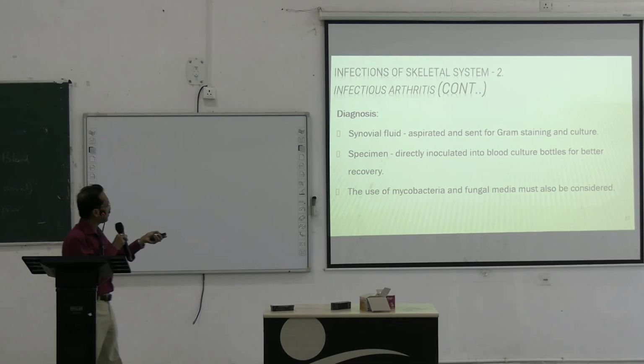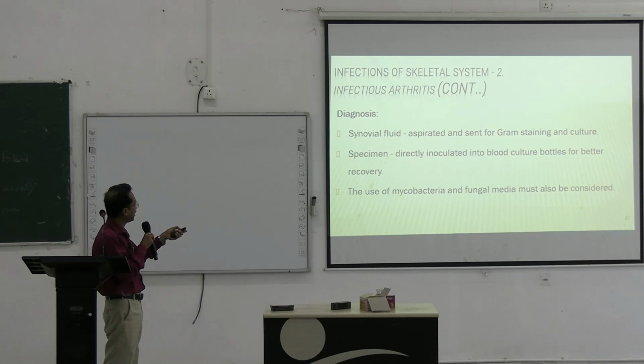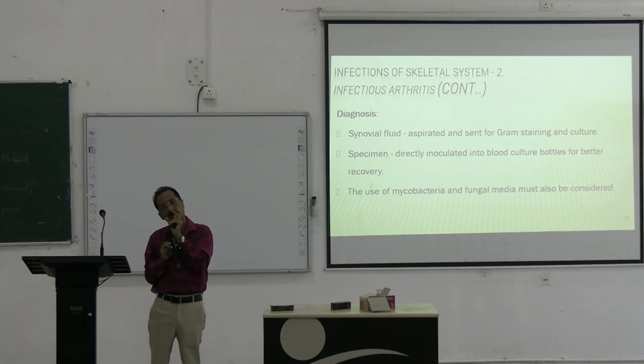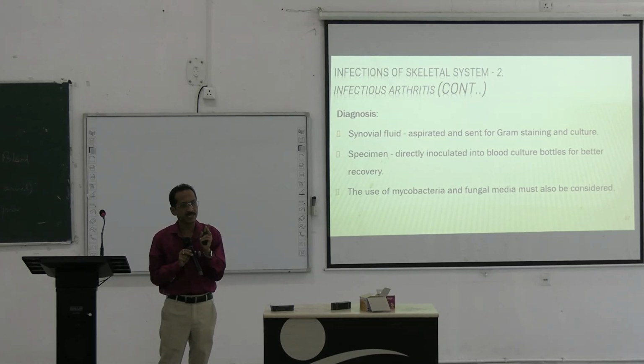Now the synovial fluid and the specimen directly inoculated. If there is any sterile fluid, you have to inoculate it in brain heart infusion broth or any broth for multiplication of the organism, because at the sterile site the number of organisms is very less. So it may not grow in culture.